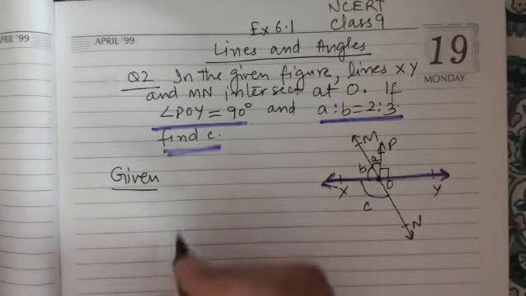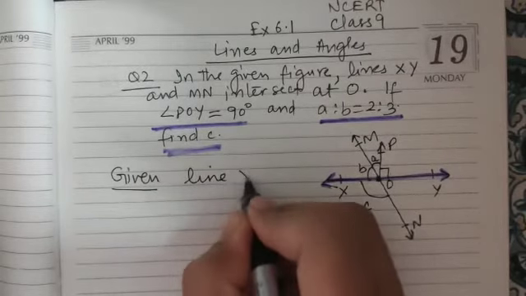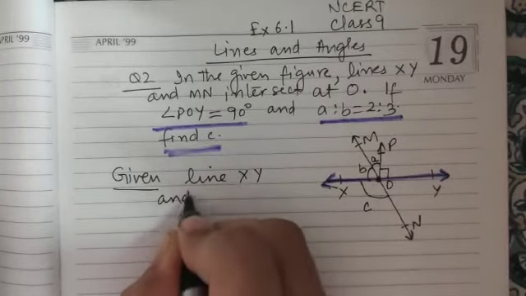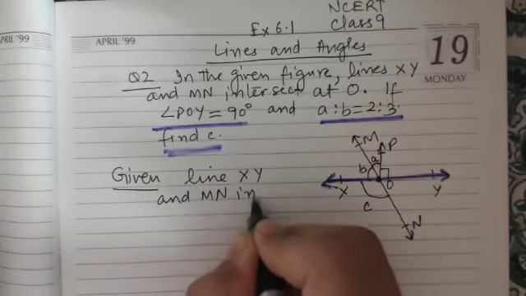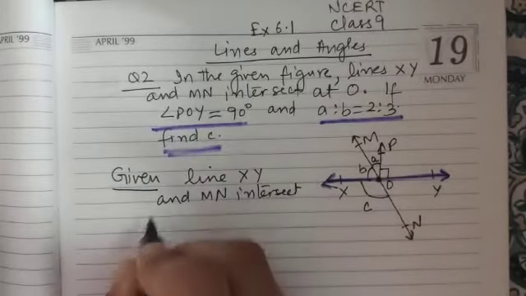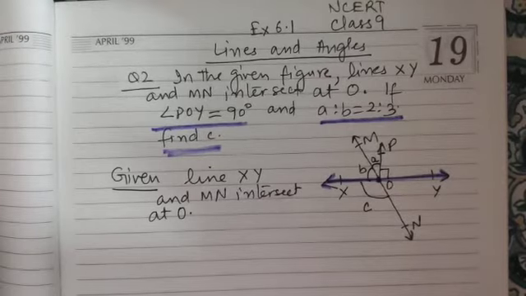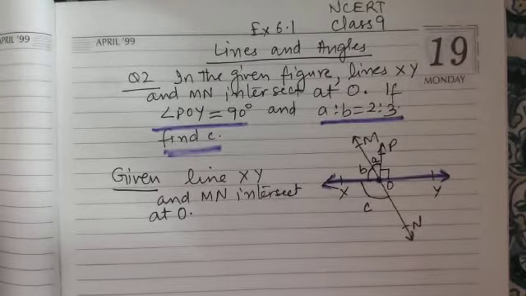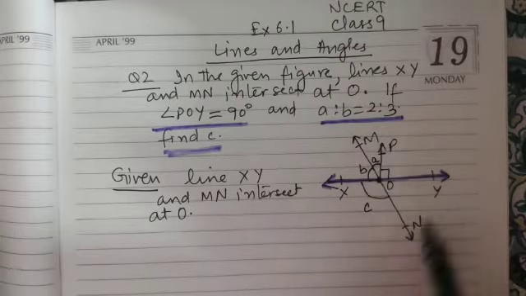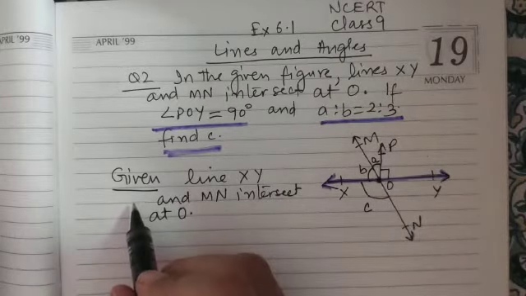So it is given that line XY and MN intersect at O. I told you in my previous video also that whenever you are writing a question in the exam or in your notebook, always make sure that you draw the figure and write down what is given in that question.